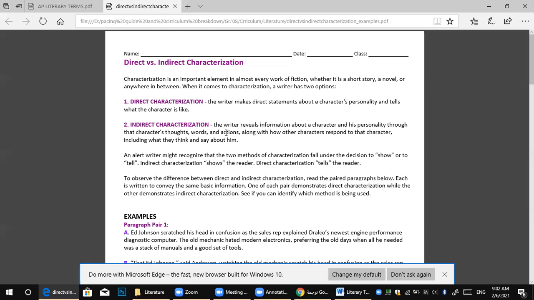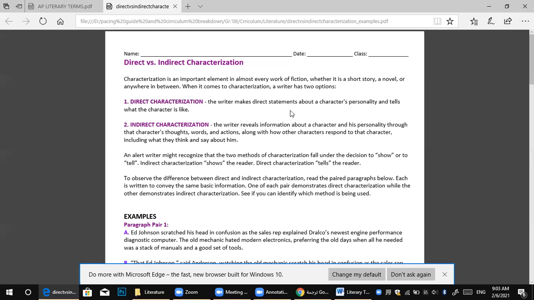But indirect characterization is when the writer reveals information about the character and his personality without making a direct statement. Direct means I tell you he is rich, he is poor, he is brave, he is rude.